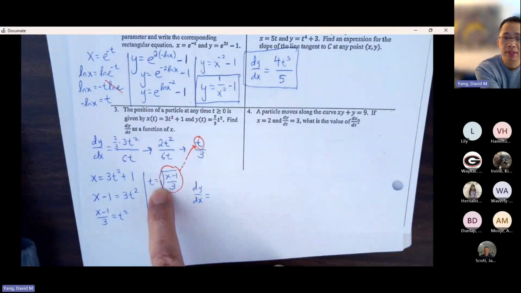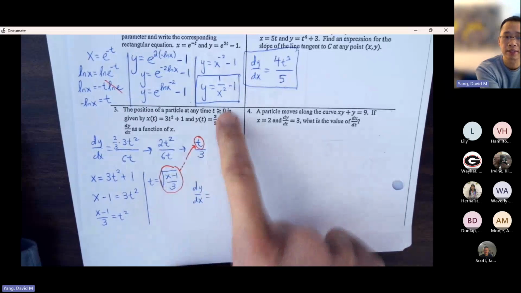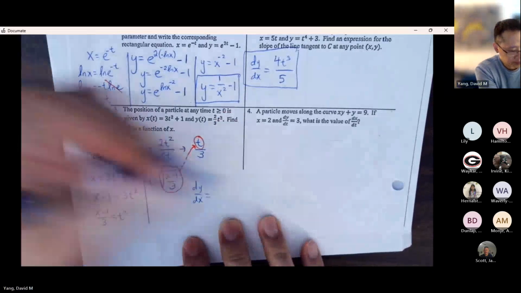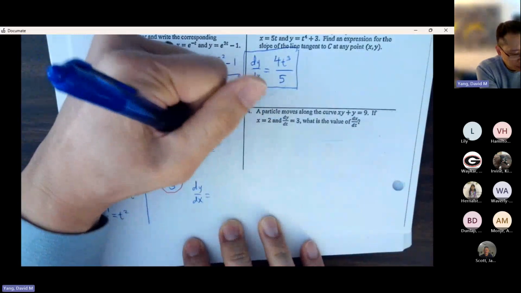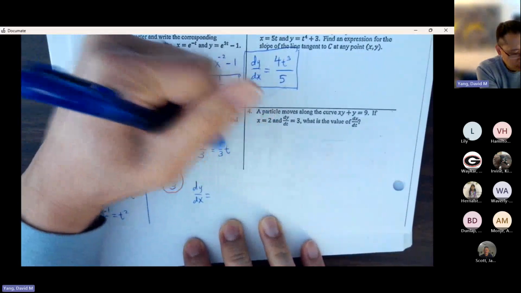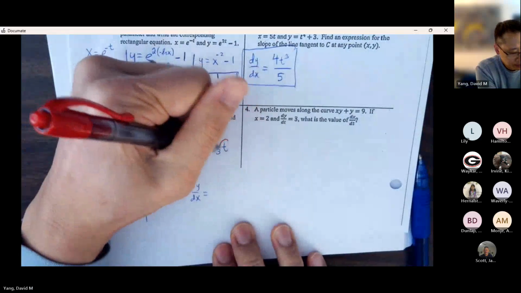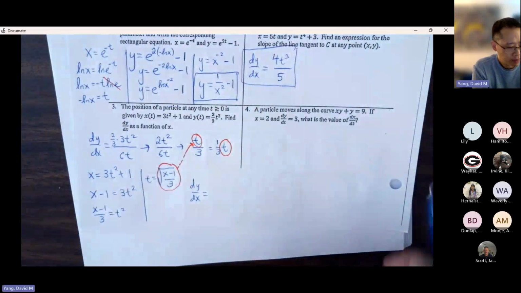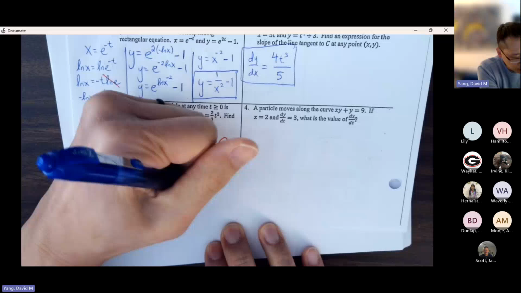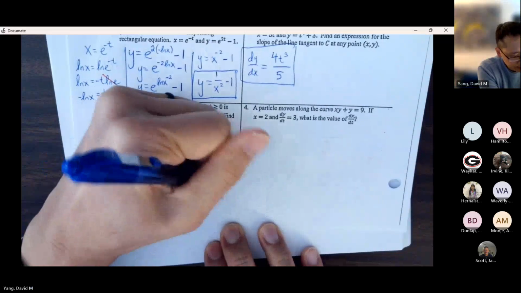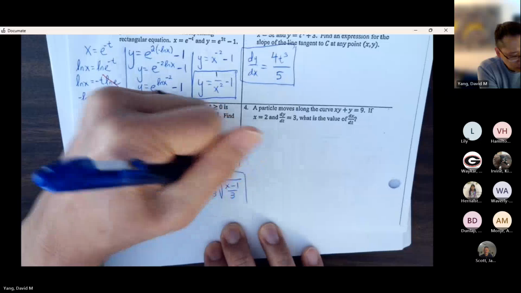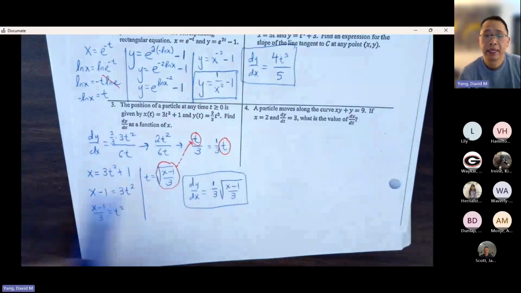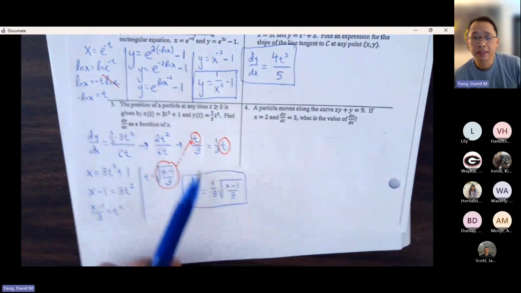There's a plus or minus from the square root, but I'll take the positive square root version of it since t is greater than or equal to 0. So it's this divided by 3, or it's 1/3 times t. So let's just pull that 1/3 coefficient out. Okay, so there we have it. We have our derivative in terms of x instead of t.